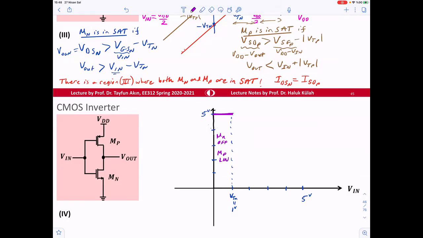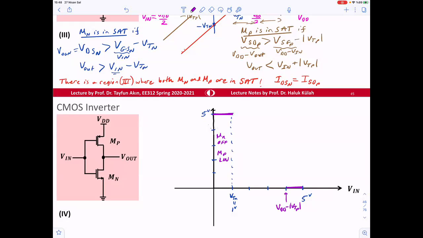This is the other extreme. Here, this point is VDD minus VTP.